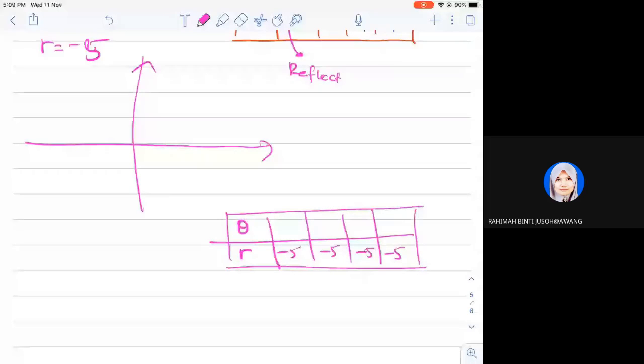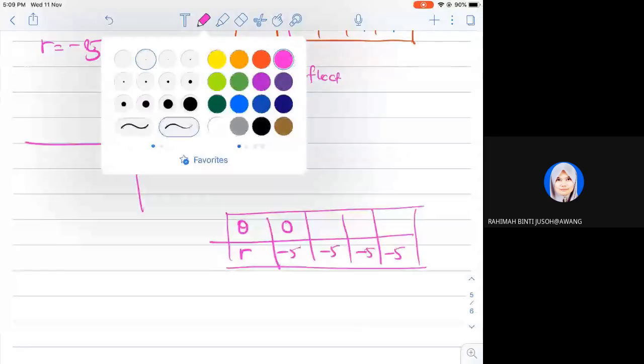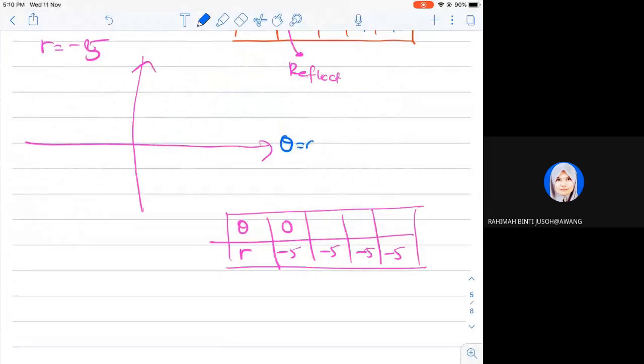Alright, listen here carefully. Theta equals to 0. Suppose it will be located on x-axis positive, kalau radius tu positive 5. But now the radius is negative. What happened to negative? Saya ajar tadi, negative you kena reflect kan? Sepatutnya dia berada kat sini kalau theta equals to 0 dan R positive 5. But in this case, R is negative 5.